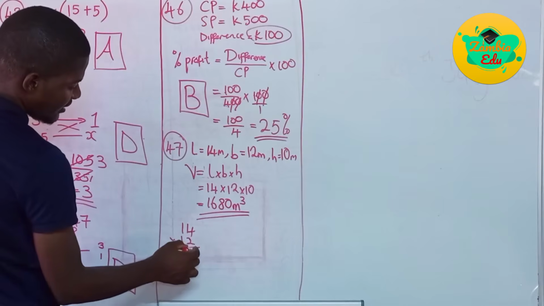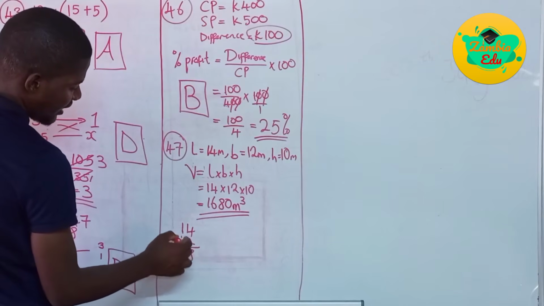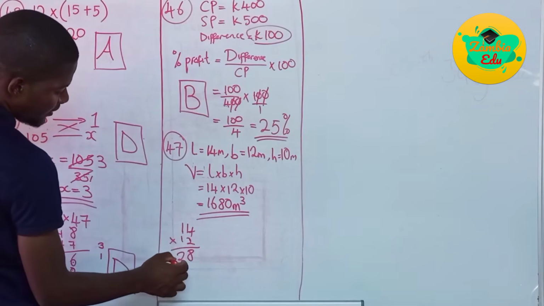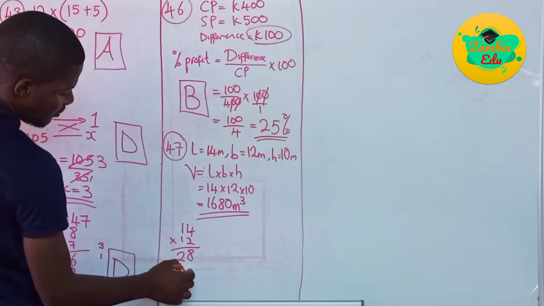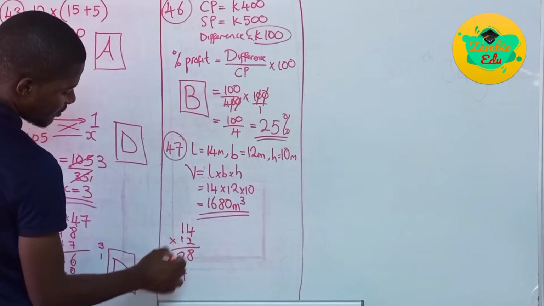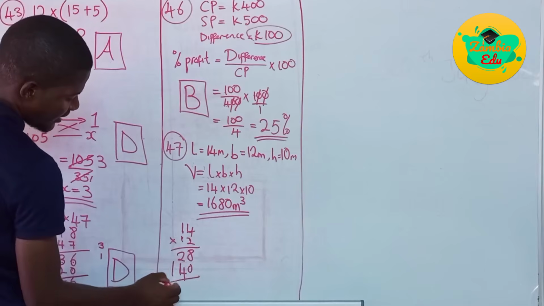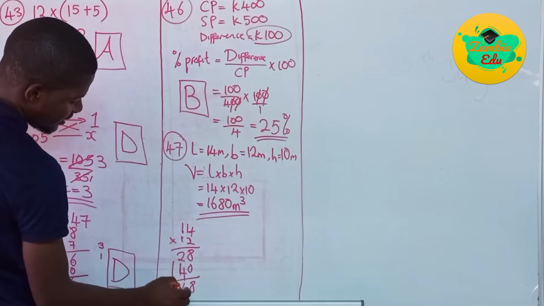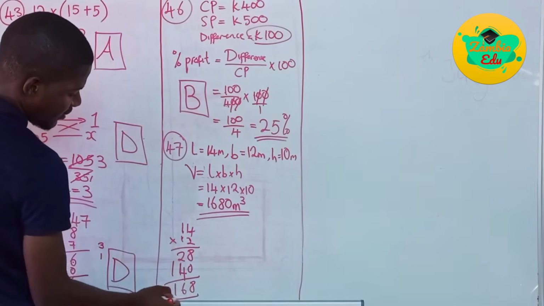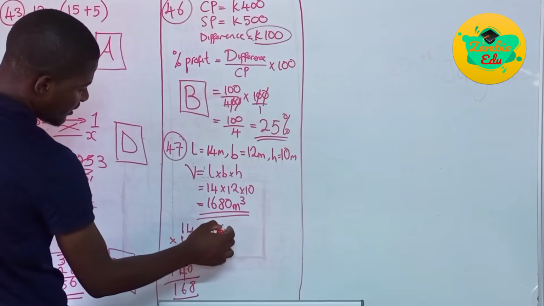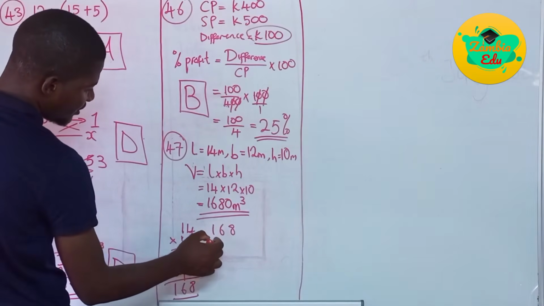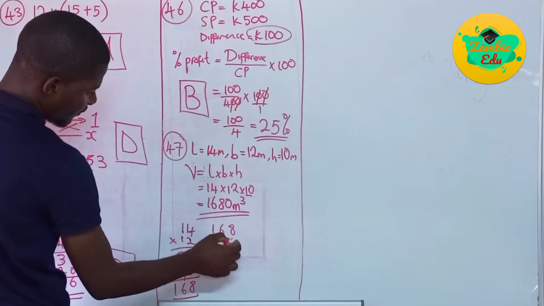So 2 times 4 is 8, 2 times 1 is 2. Oh, sorry, pardon me. 1 times 4 is 4, 1 times 1 is 1. So add that, you get something like 8, 6, 1. So you get your answer there again, 168, and multiply it with the remaining 10.